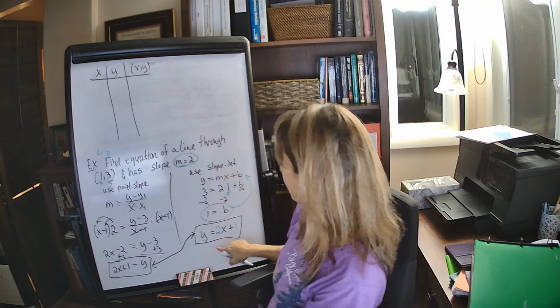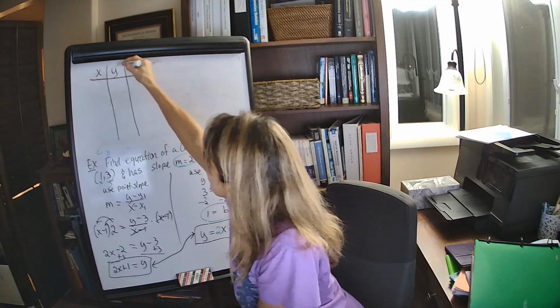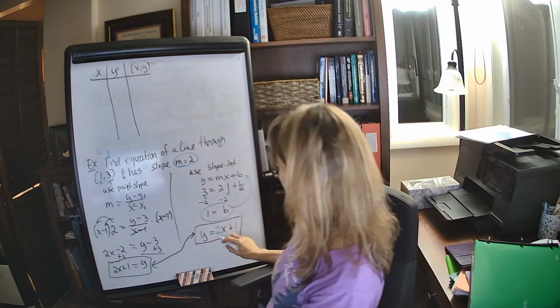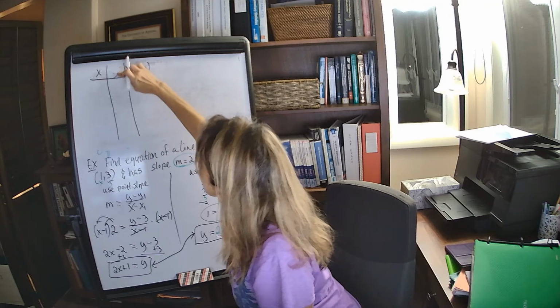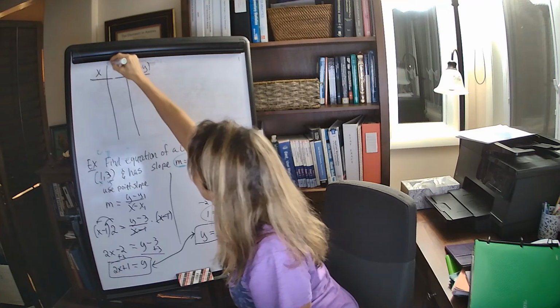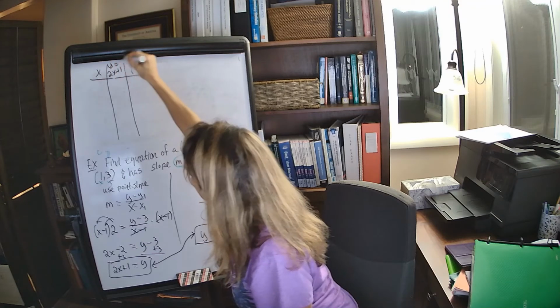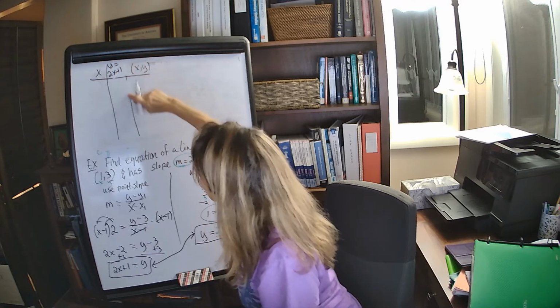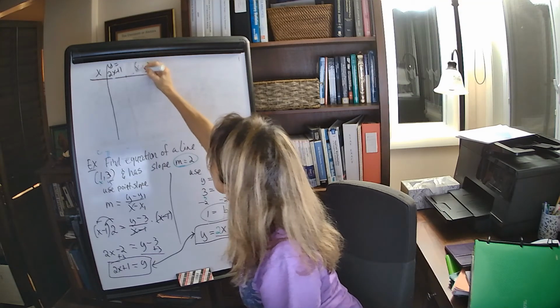All right? So my y is going to be equal to, according to this, 2x plus 1. So I need a little more space here. Y is equal to 2x plus 1. Probably should have given myself more space here. So let's just go like this and do that.